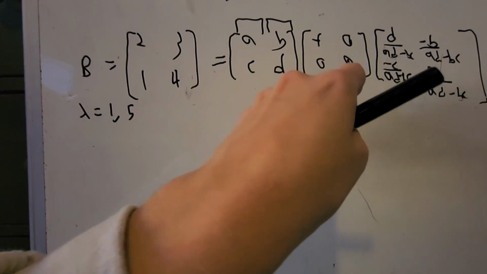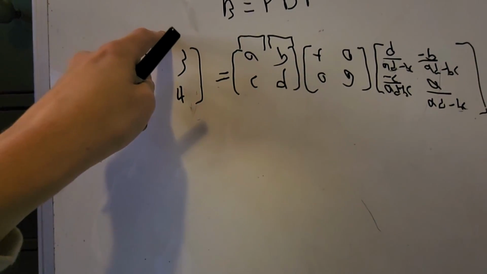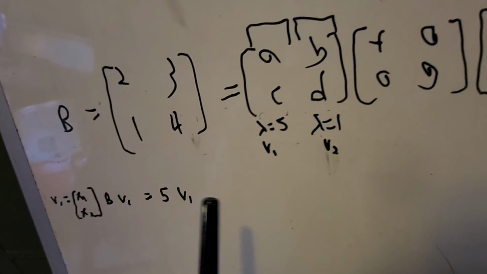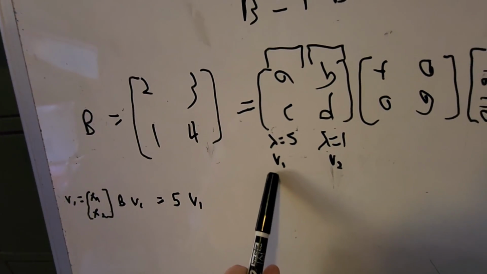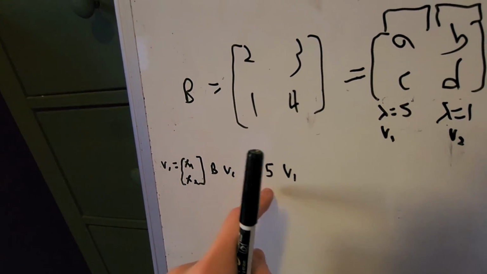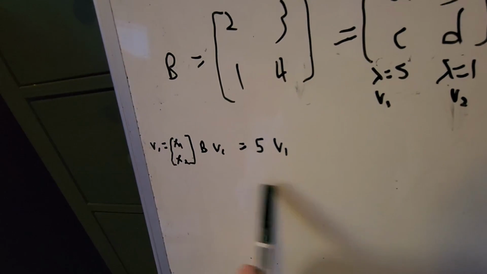And the same thing, there's going to be a vector BD that when applied this transformation is going to get this vector BD times 1. Okay, for lambda equals 5, we're solving for V1. So now we say B times V1 is 5 times V1. We know, that's what an eigenvector is.